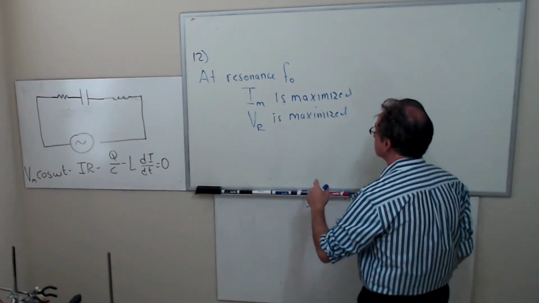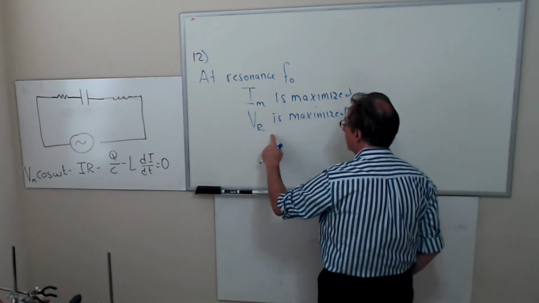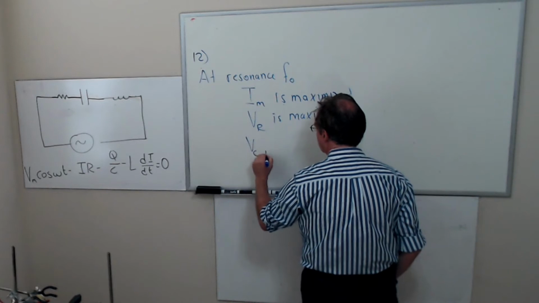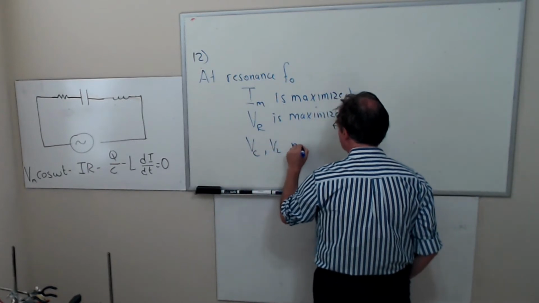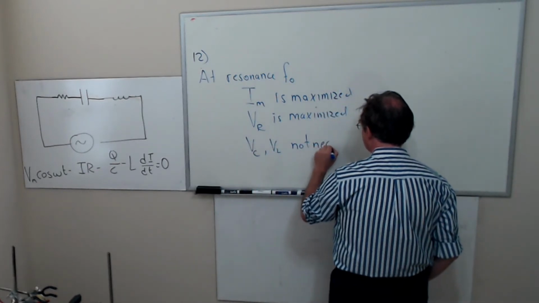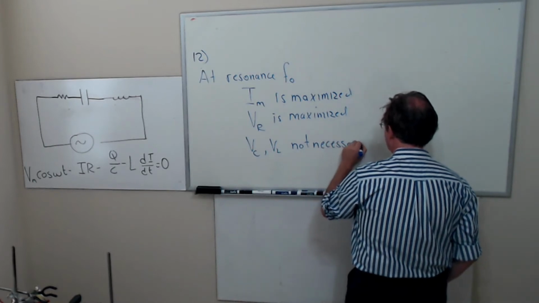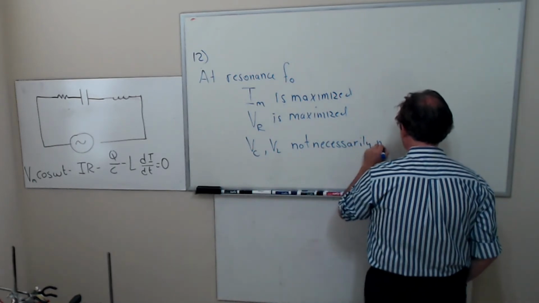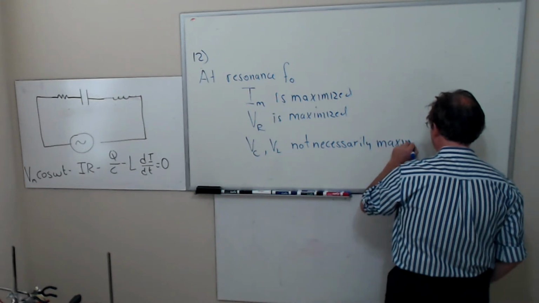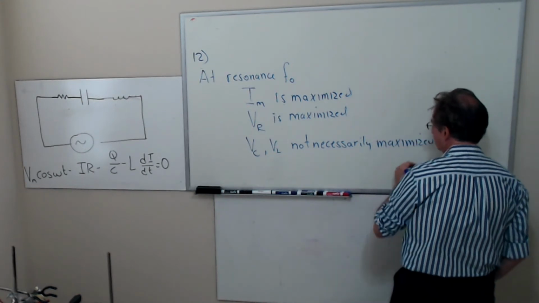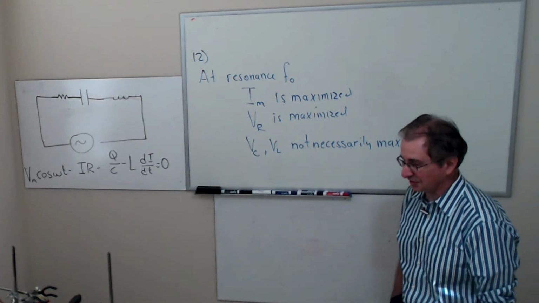So at resonance, I sub m is maximized, V sub r is maximized, but V sub c and V sub l is not necessarily maximized. Actually, it's not only if r is 0.